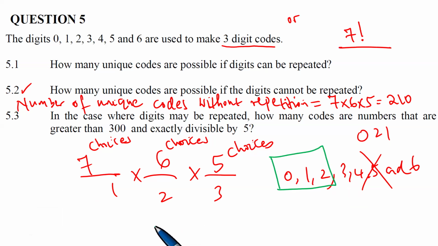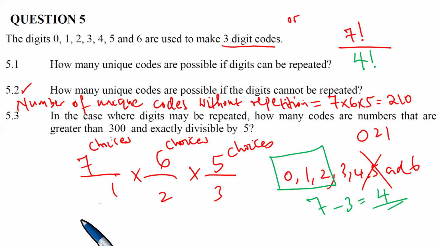If you pick 3 out, how many are you left with? 7 minus 3, you're left with 4. So you put here 4 factorial, which is what remains when the 3 digits are taken out.